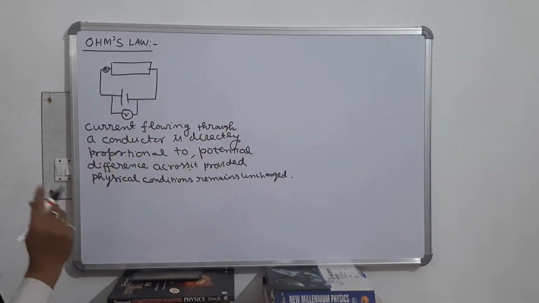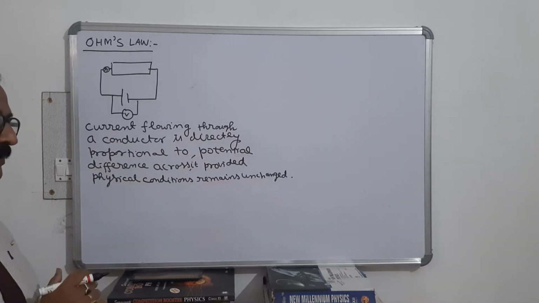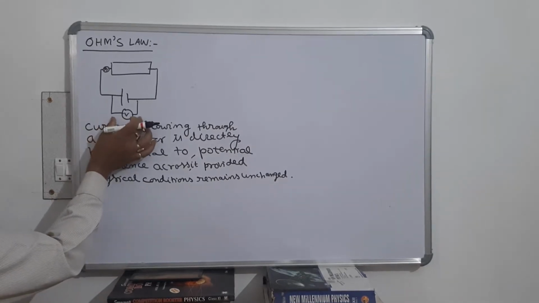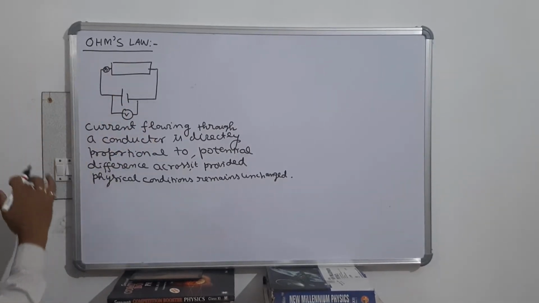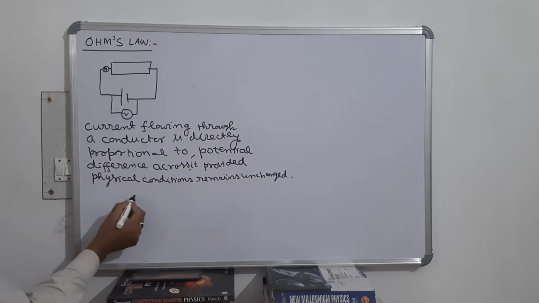So Ohm's law states that current flowing through a conductor is directly proportional to potential difference across it. When we increase this potential difference, current increases, provided physical conditions remain unchanged.